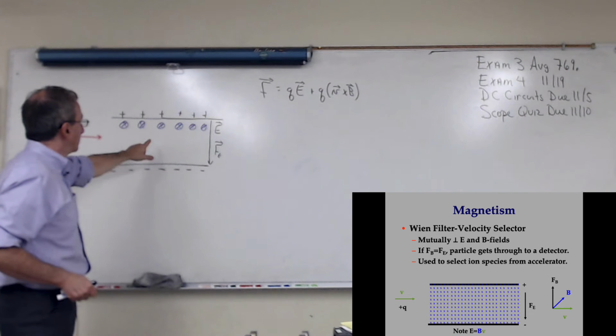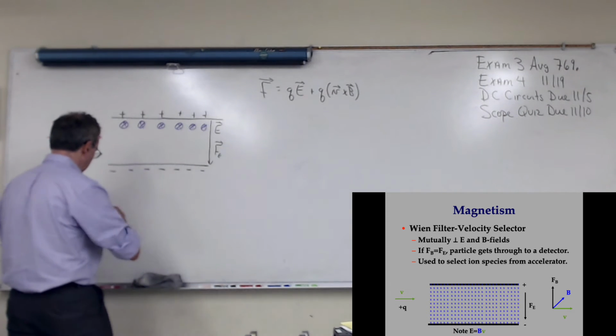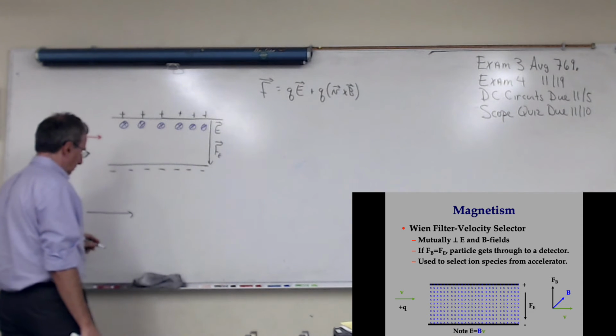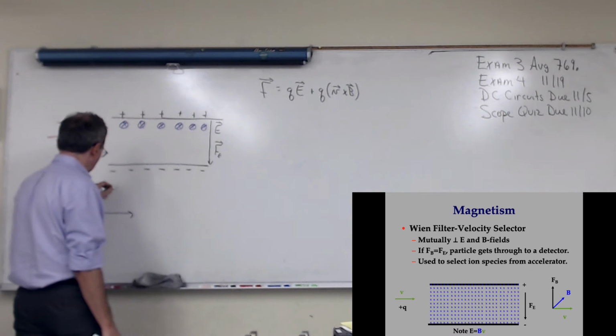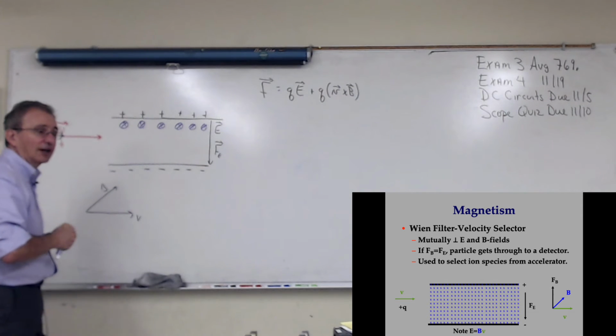And what is the direction of the force due to the magnetic field in this particular case? Well, if V is to the right and the magnetic field's into the board, I use the right-hand rule.